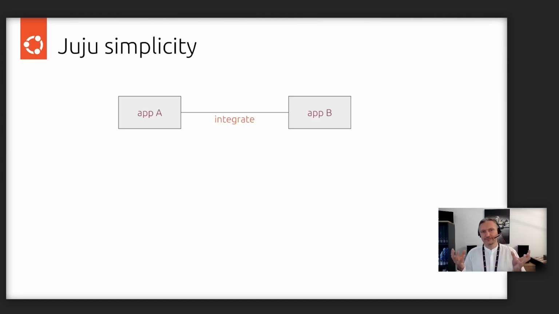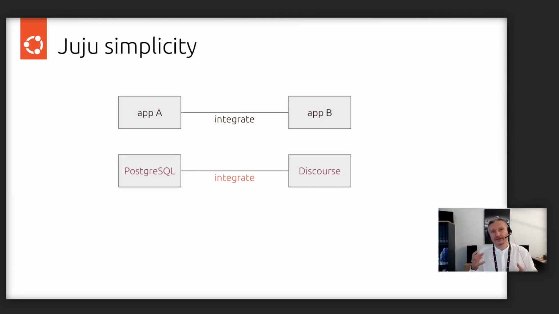Say you have two applications, one wants something, another provides that information, and what you want is just to connect them, integrate them, and they will start talking to each other and generate all necessary details in all config files. So you will stop copy-pasting passwords and configs between the applications.